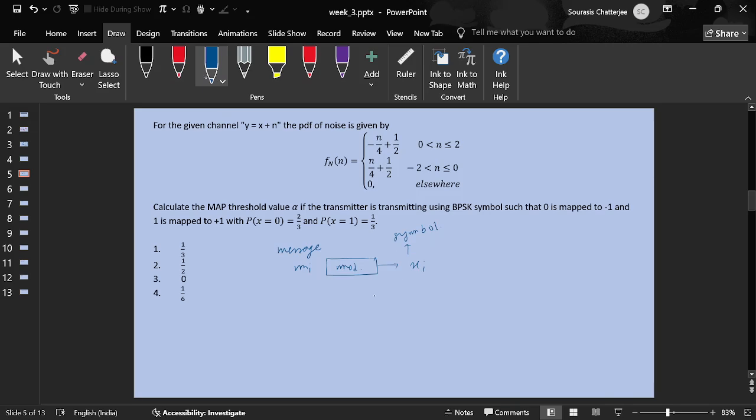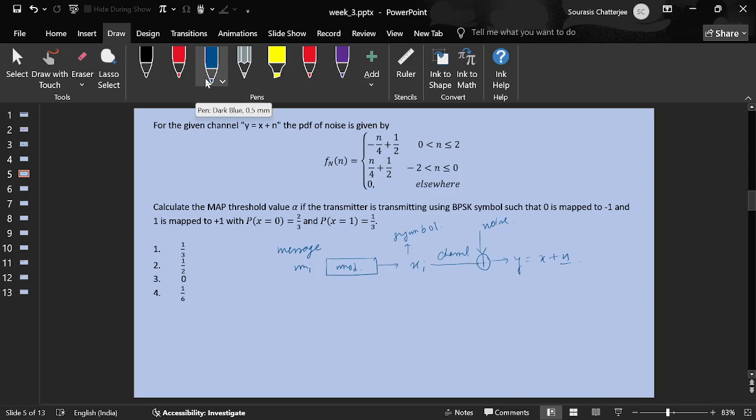What I am transmitting is xi, and then it passes through the channel, and noise is added. So at this end I have Y is equal to X plus N. So we have our received signal, which is the transmitted signal plus some noise, and we have to find something called a MAP threshold value.